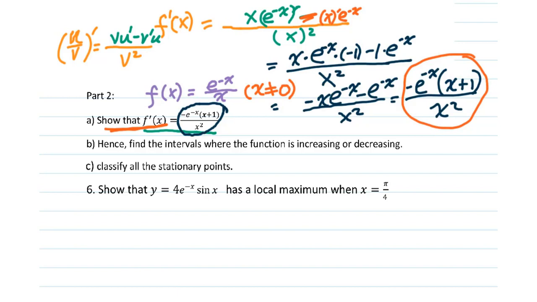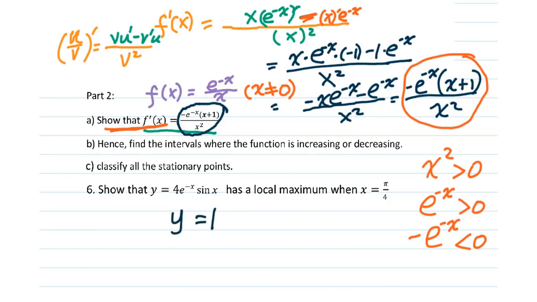derivative function. We know that x squared is always positive. Any e to the negative x power has to be positive, but negative e to the negative x power will be negative. We know that for any y equals b to the x power, the exponential function, b to the x power is always greater than 0.